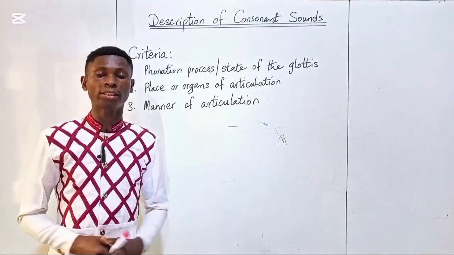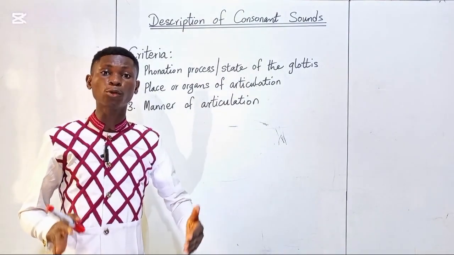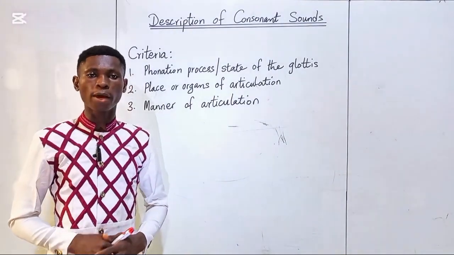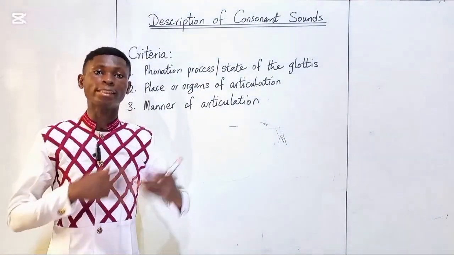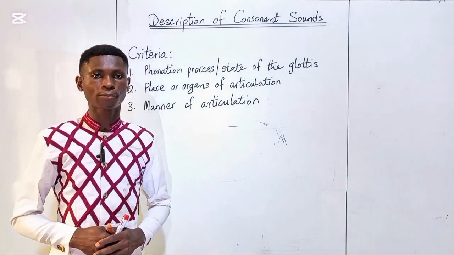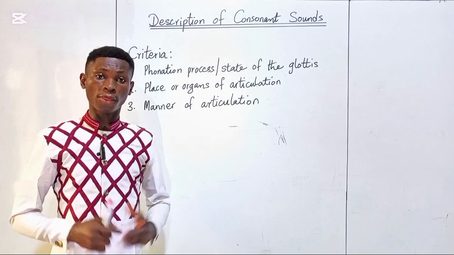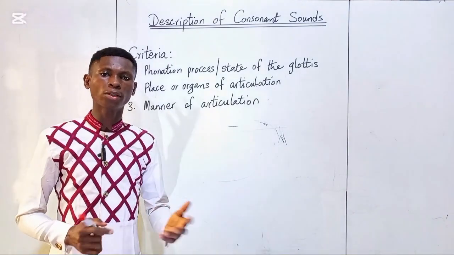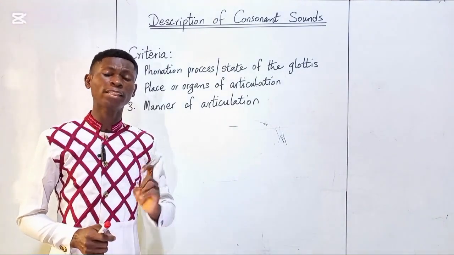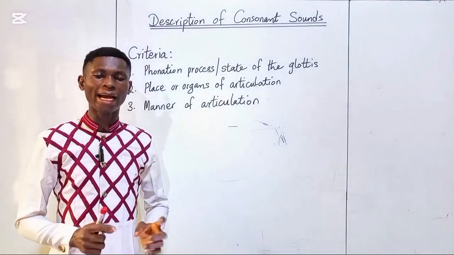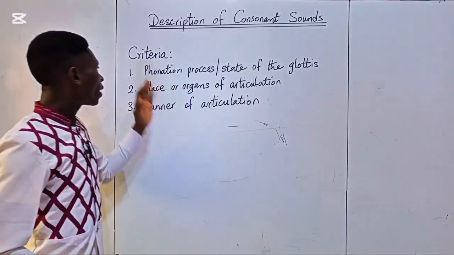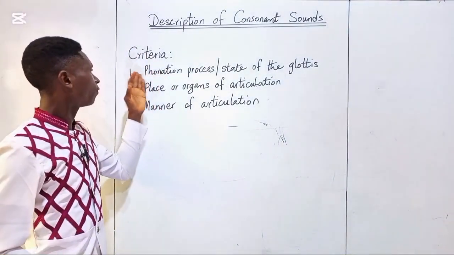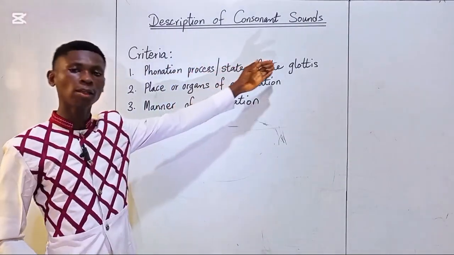The 24 consonant sounds are divided into two categories: the voiced sounds and the voiceless sounds. Thus, out of the 24 consonant sounds, we have 15 voiced consonant sounds and 9 voiceless consonant sounds. So we have that description under phonation process or state of the glottis.